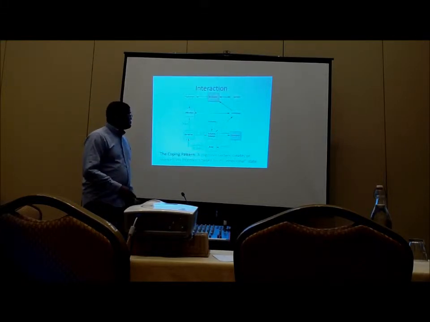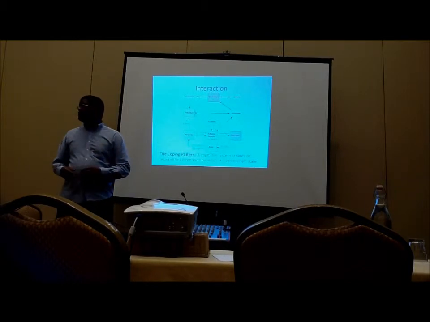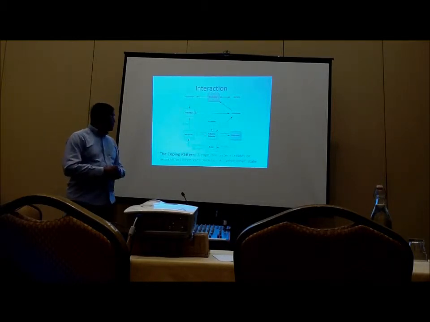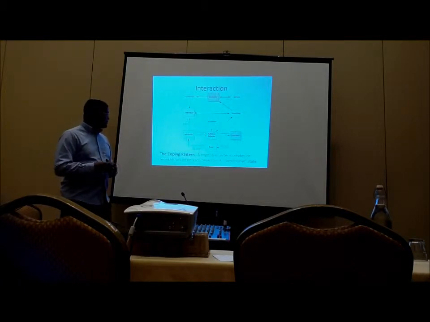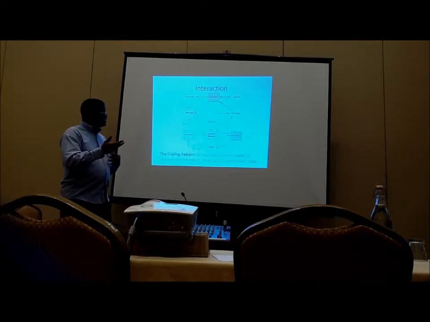We can take this one step further, and we have another pattern called the coping pattern. This is where a cognitive system creates or reprioritizes intentions based on its emotional state. Again, we have observables coming in, and the urges are propagated to the attention module, and the attention formulates and also reprioritizes the current intention.